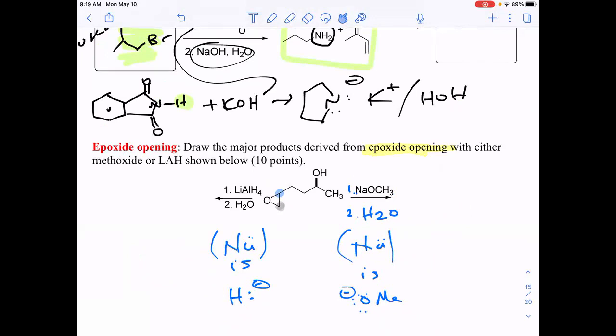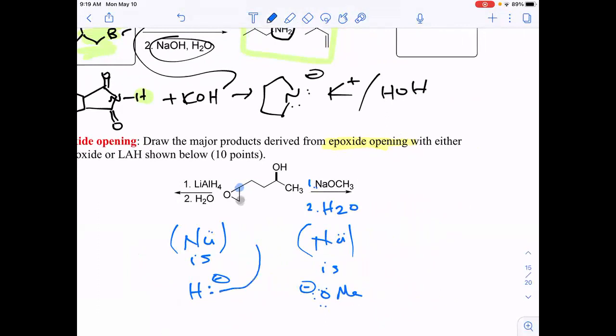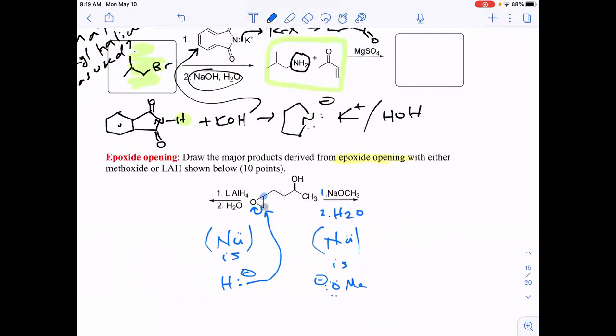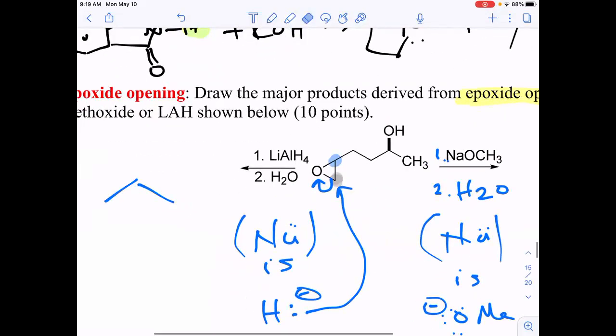So if we just draw an arrow from here to here, we can pop that open and then we can see what the product would be in this case. So let's draw it. 1, 2, 3. This is OH, sorry about that.